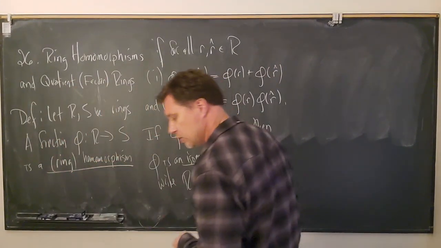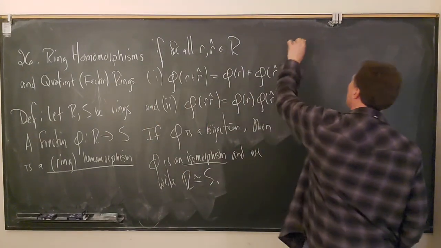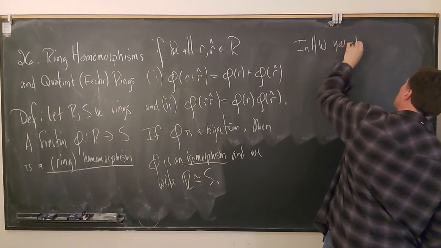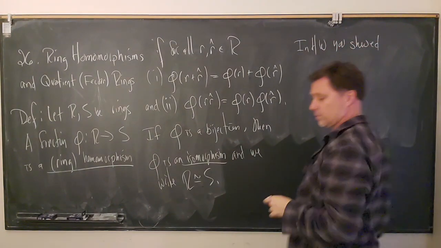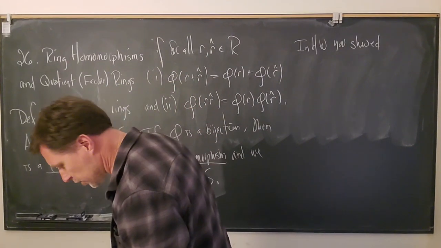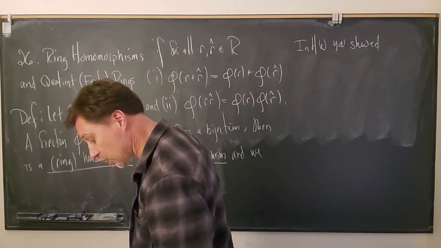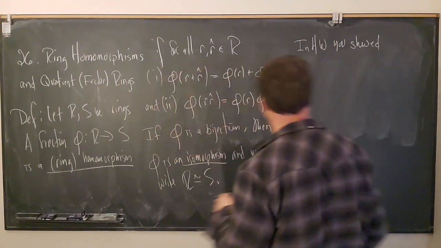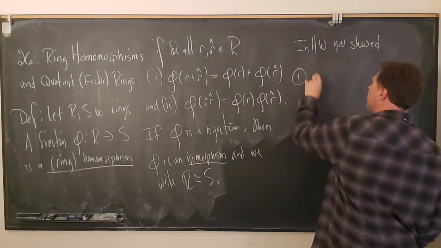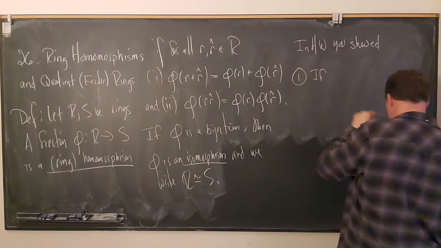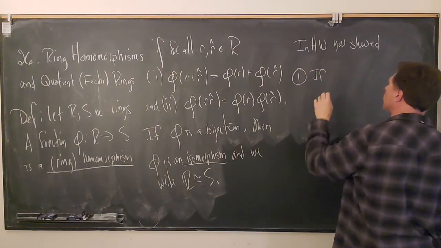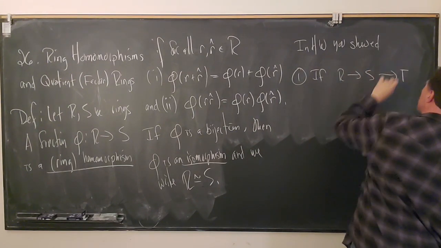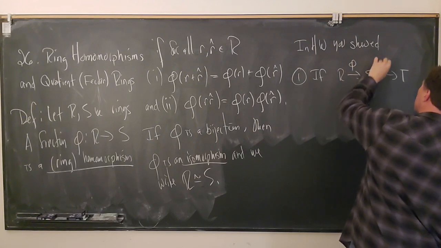A couple of things that you showed in homework: you showed the composition of homomorphisms is a homomorphism, and the inverse of an isomorphism is an isomorphism. So you showed the first one, if we have this setting right here, let's say R goes to S, goes to T, and we have phi and psi.